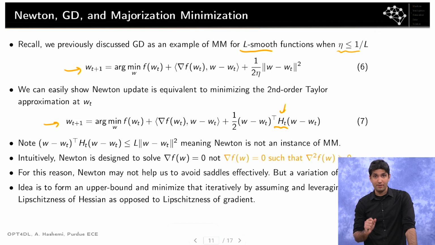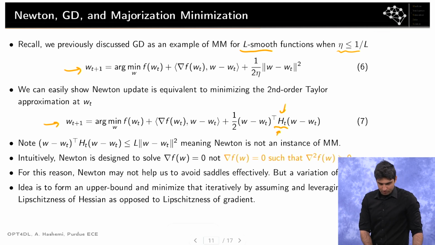However, there is a major difference between doing that for equation 7 and equation 6. Equation 6 is a convex quadratic function, so setting the gradient equal to 0 will give us the optimal solution. Equation 7, on the other hand, will only give us the optimal solution when the Hessian is positive definite. So that's one difference between these two ideas.